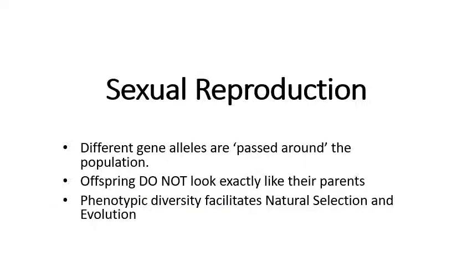Remember I said that there are different alleles. Alleles are slightly different versions of a gene. Humans are diploid, so we have two copies of each gene, and those two copies may be the same, in which case we have one allele, or they may be different, in which case we have two alleles.